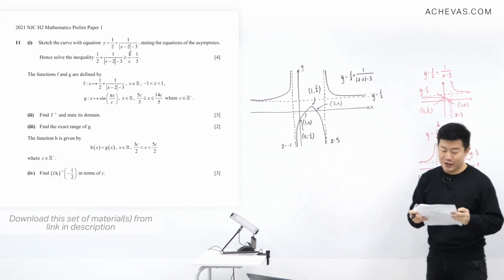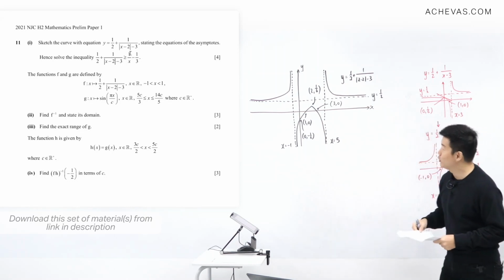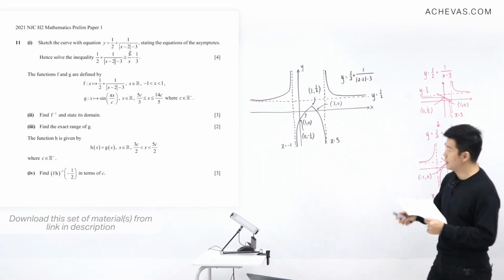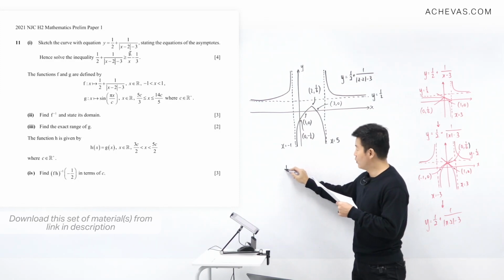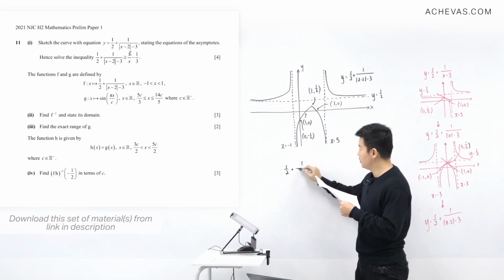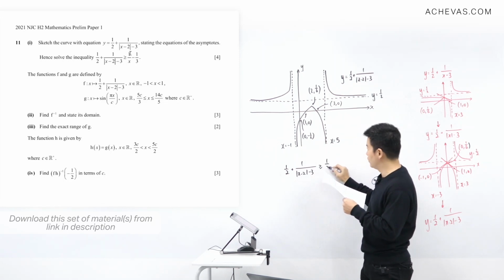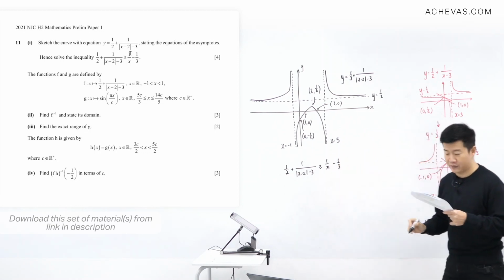But this question is really very tricky, because what I need to do next is to draw one more graph. In order for me to solve this inequality, 1 over 2 plus 1 over modulus of x minus 2 minus 3, to be bigger or equal to 1 over x minus 1 over 3, I need to draw another graph.